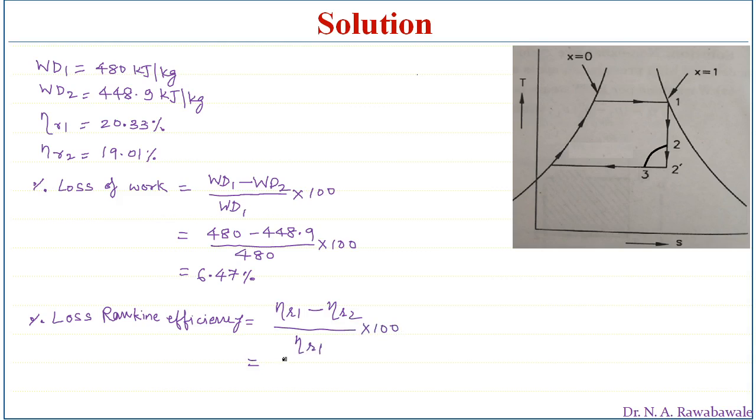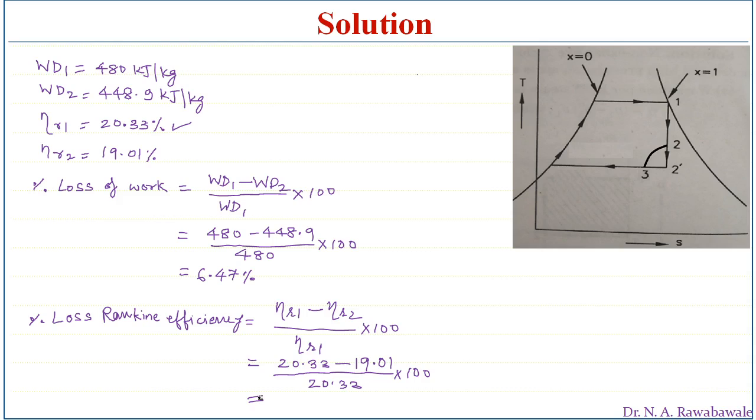Rankine efficiency 1 is 20.33% minus Rankine efficiency 2, which is 19.1%, whole divided by 20.33, into 100.